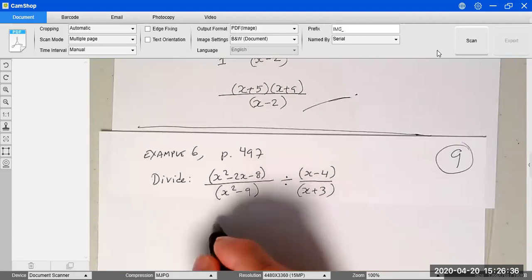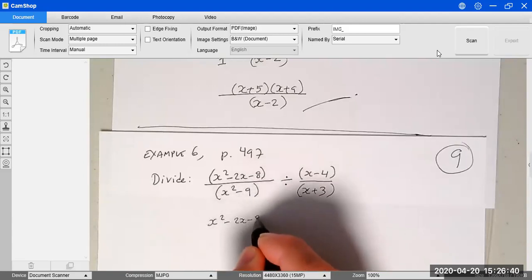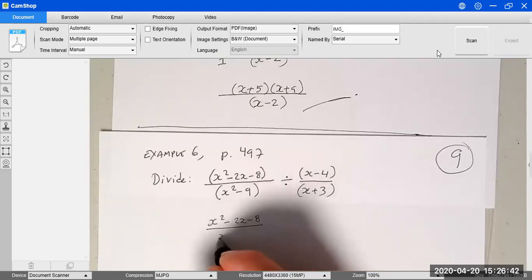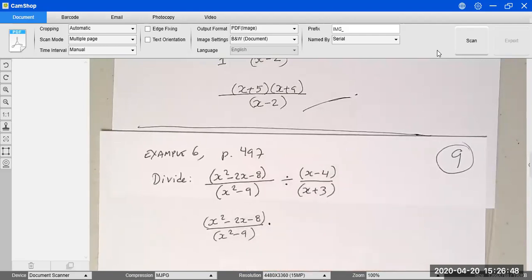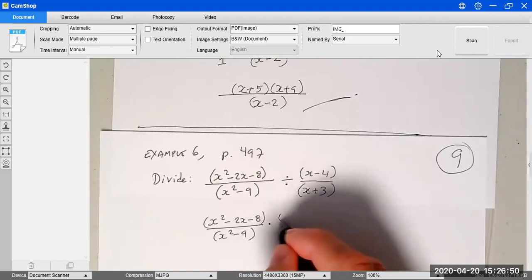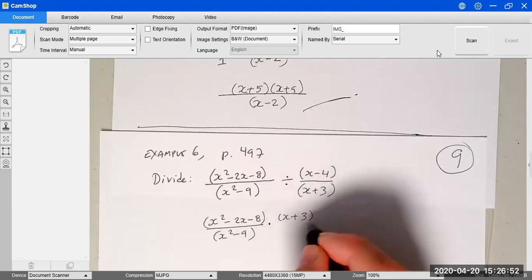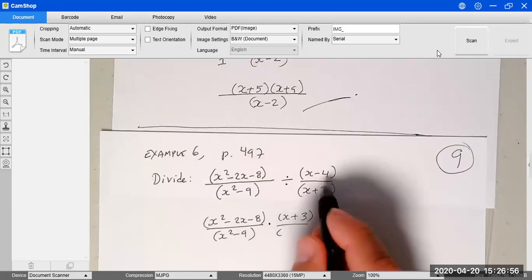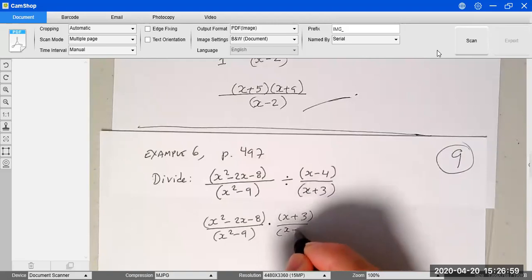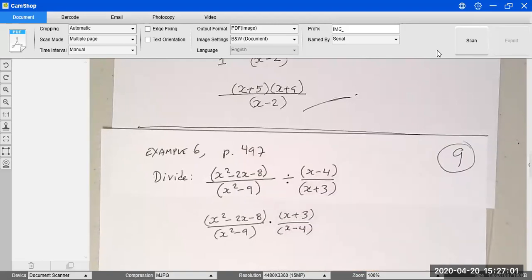So to do that, you're going to write the first fraction in the same way. So that's my first fraction. Then we're going to use the multiplication operator, and then you're going to invert the second fraction. So the denominator becomes the numerator, and the numerator becomes the denominator. So now it's a multiplication.